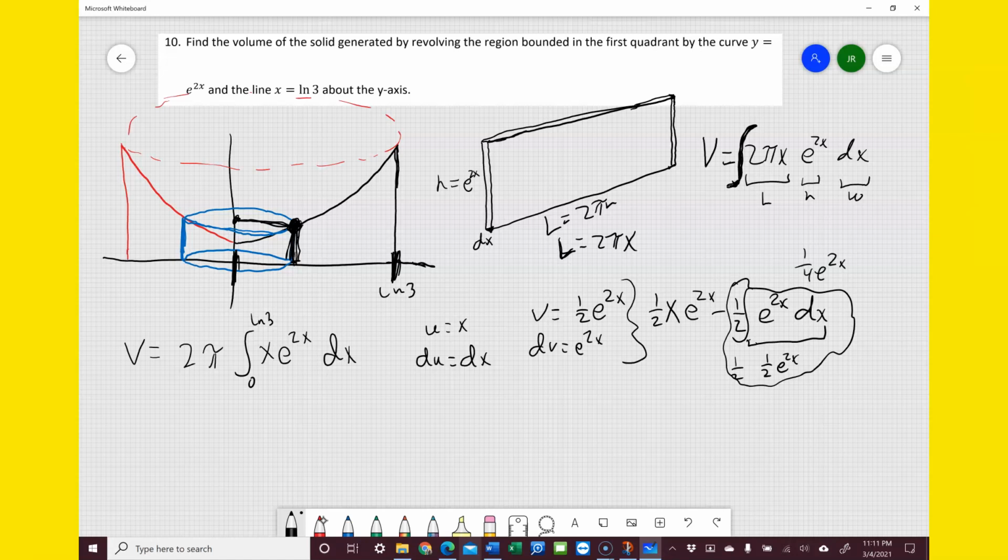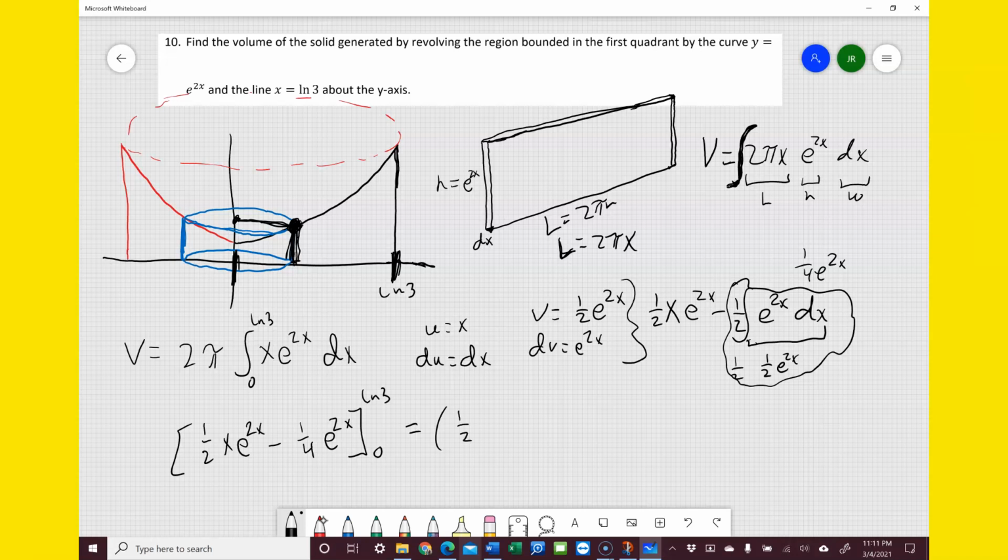So now I've got 1/2 x e to the 2x minus 1/4 e to the 2x from 0 to ln 3. Okay, so let's plug that in.